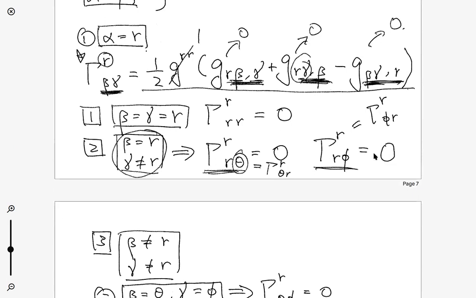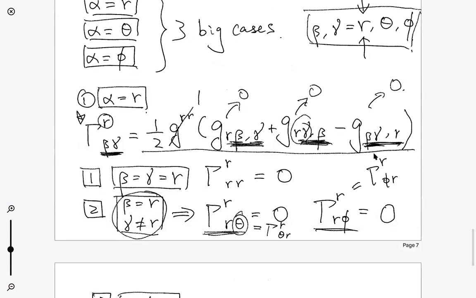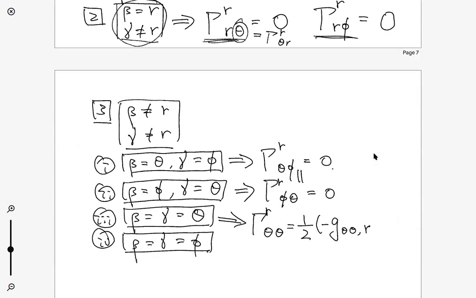The last term is not 0. It's minus G theta theta comma r, which is something like this.